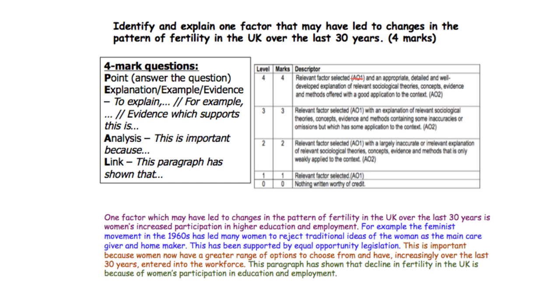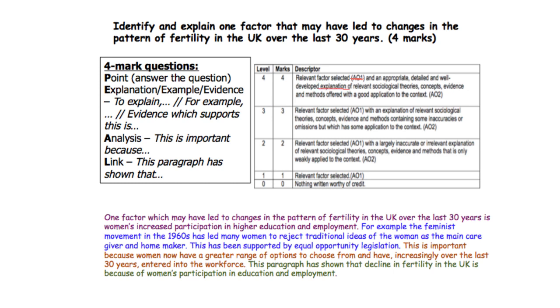It's also asking for a little bit of analysis as well, which is your AO2, your ability to apply knowledge of sociological concepts and to explain them and analyze. So it's asking more than just knowledge and understanding. It's also asking for analysis here as well, in the format of your explanation.